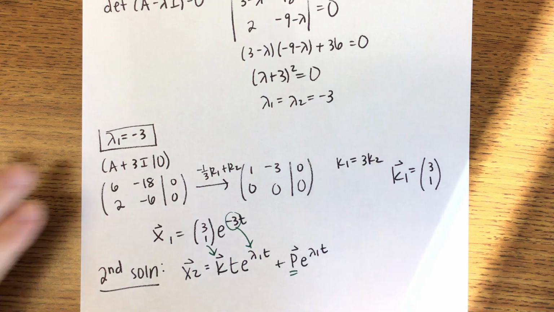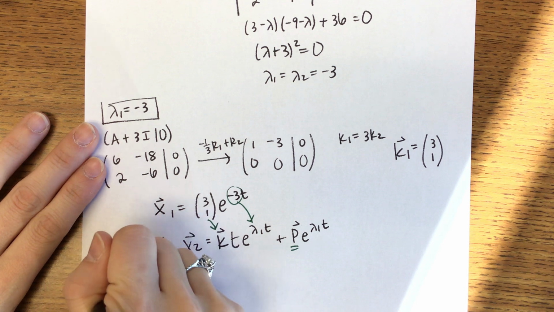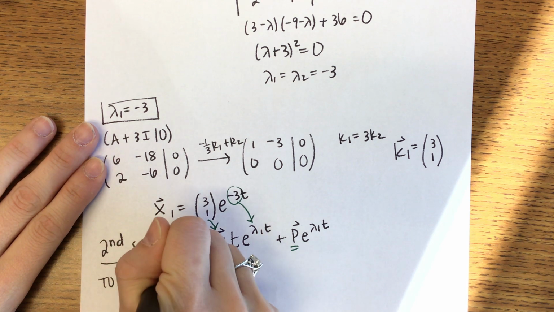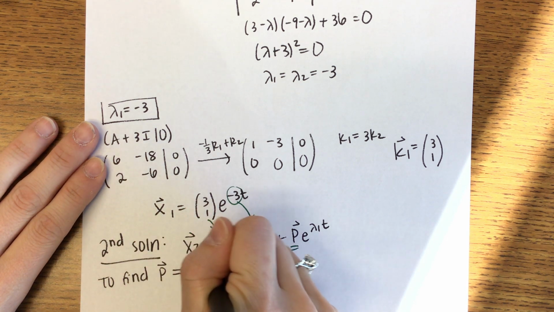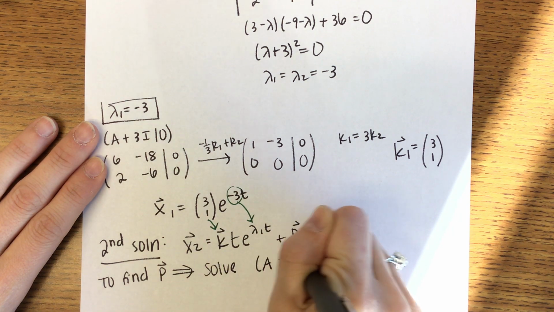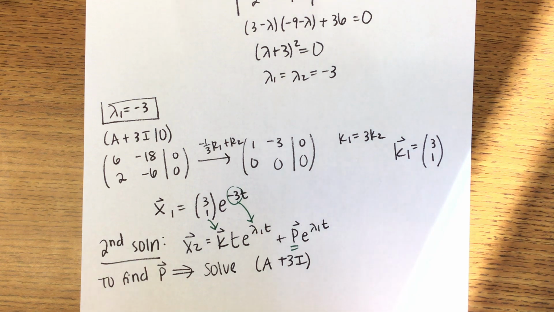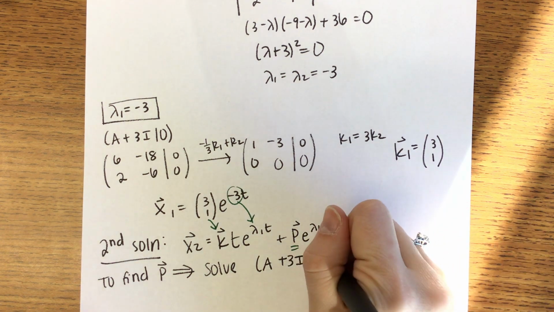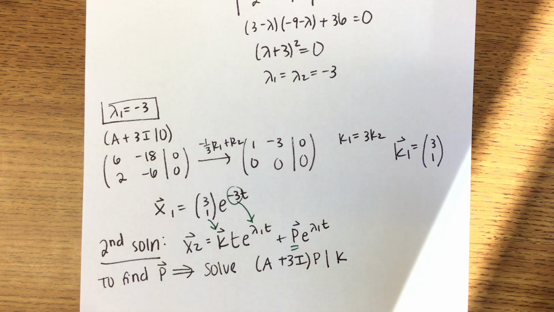Okay, so here's how you find P. To find P, you are going to solve that A plus 3I, P augmented with K, not with 0.